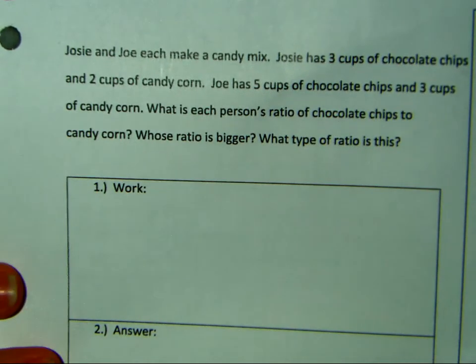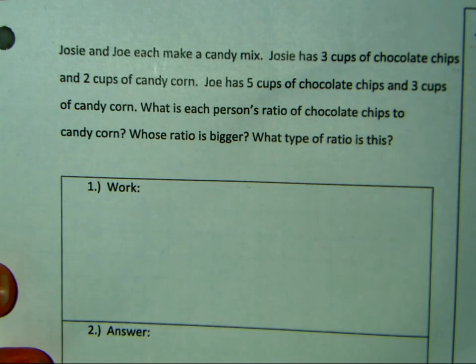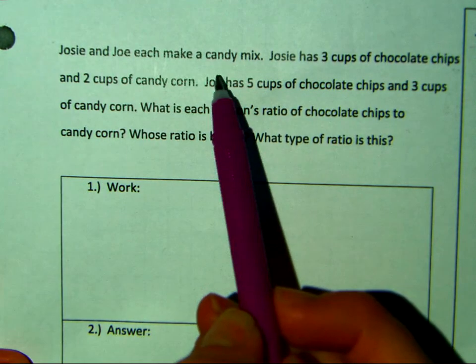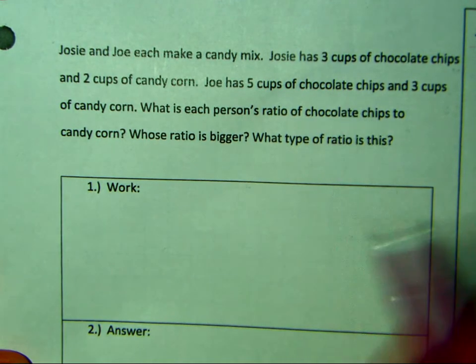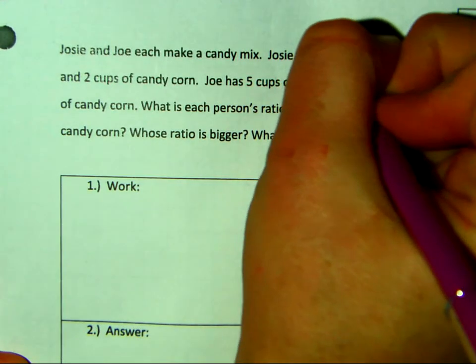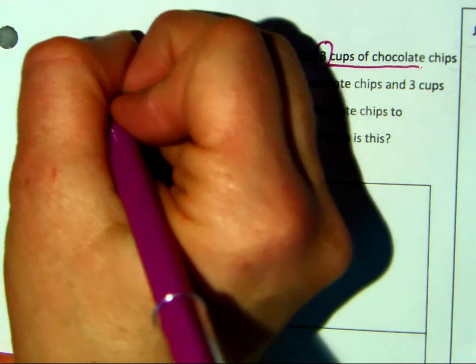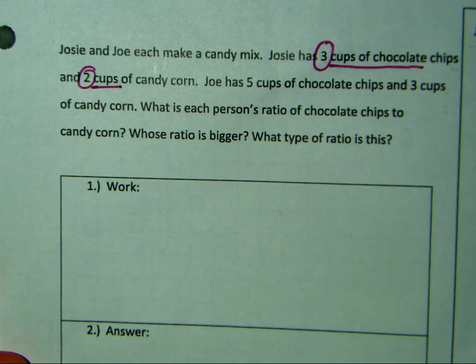Looking at our practice section, let's read this story problem. Josie and Joe each make a candy mix. Josie has, I'm going to circle the numbers, 3 cups of chocolate chips and 2 cups of candy corn.